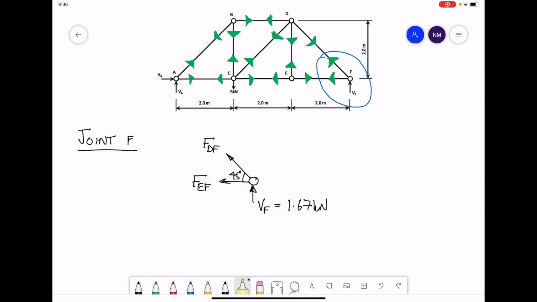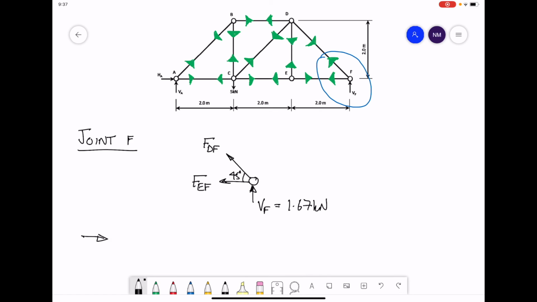Now at this stage we have all the member forces worked out. Previously at joint F we did the vertical resolve to work out the last member force. Now we're going to apply the horizontal resolve at joint F, and because we know all the member forces, if our values are correct they should all add up to give you 0.